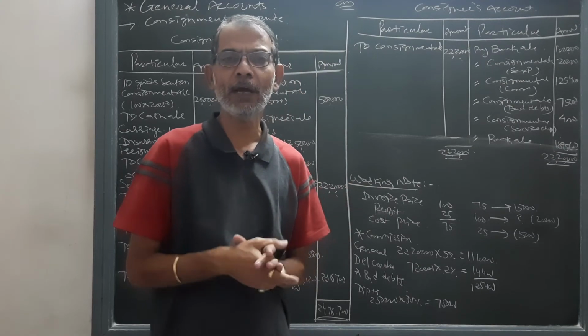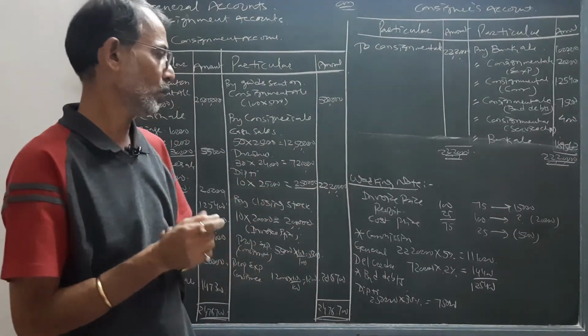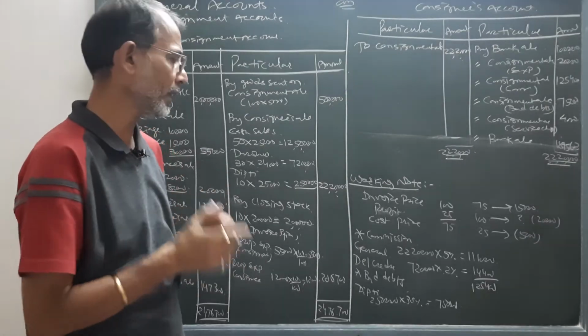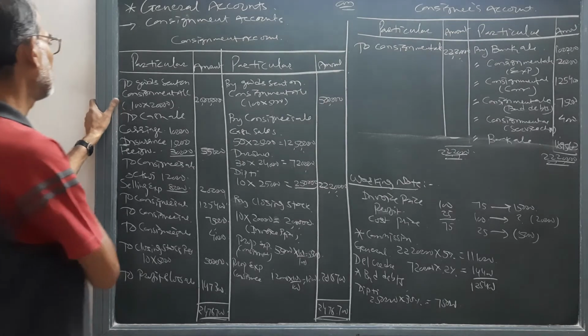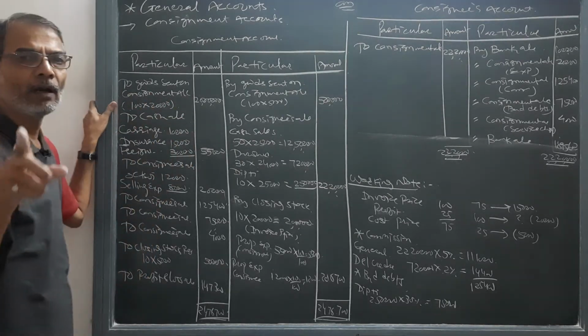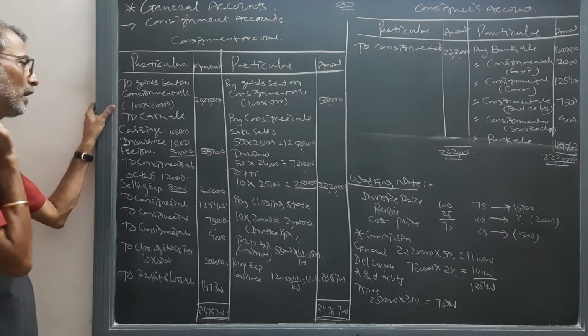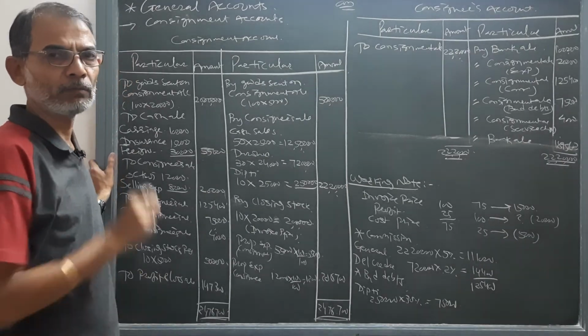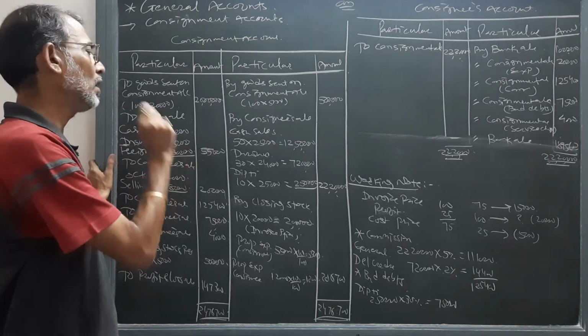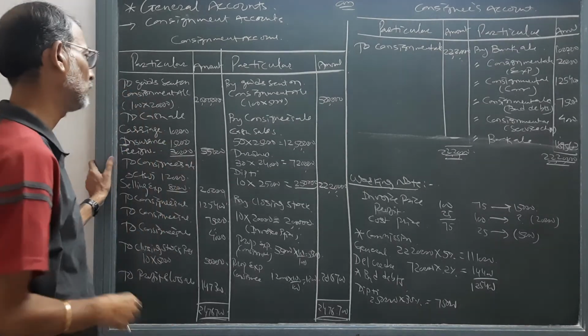Against 75 it is 15,000, so against 100 it will be 20,000. So I wrote it on the debit side of the consignment account, goods sent on consignment 100 into 20,000, 20 lakh. The consignor's expense will be written on the credit side of the consignment account, 100 into 5,000.